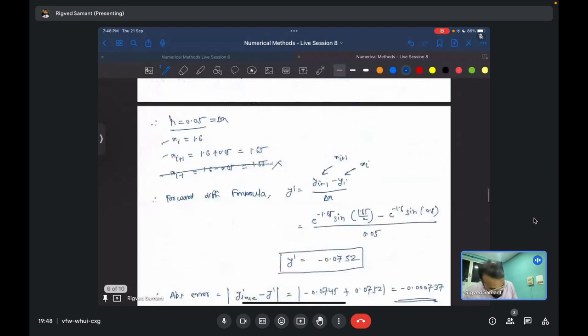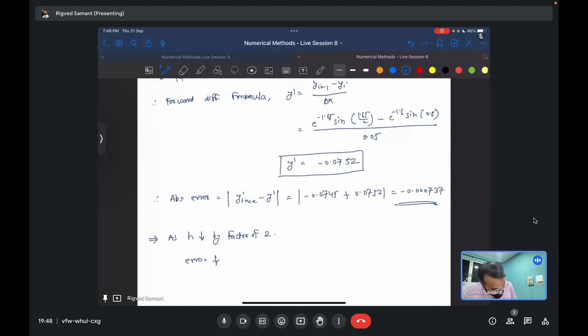So what's happening is, as h is reduced by a factor of 2, the error is also getting reduced by a factor of 2.